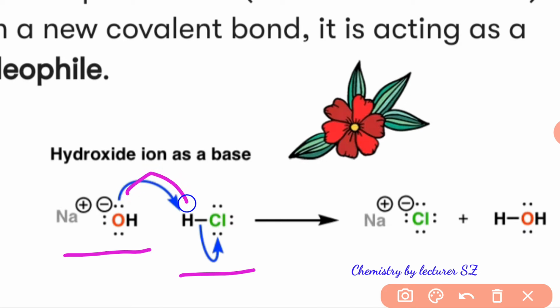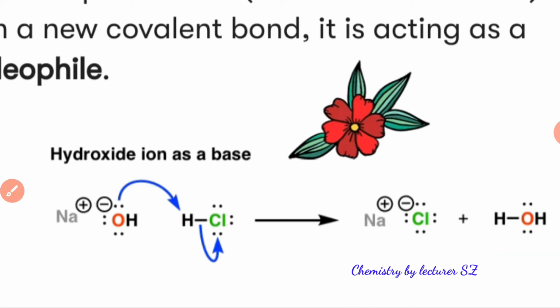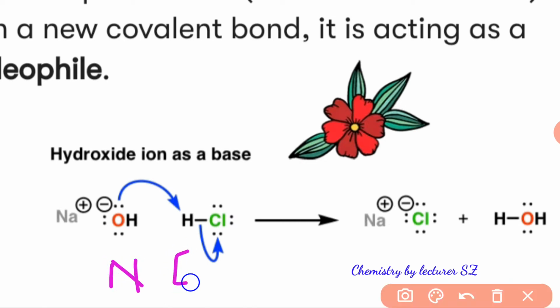So it will attack the H and form a bond that is mentioned here. In this situation, the OH donated its electrons to the proton, and as a result formed a bond. Here OH is a nucleophile and H is an electrophile.